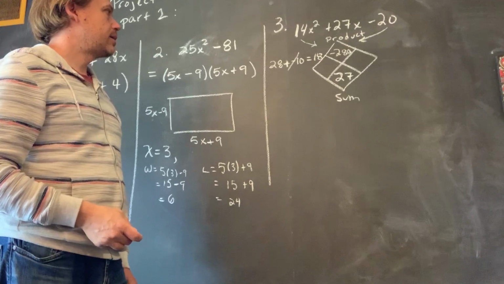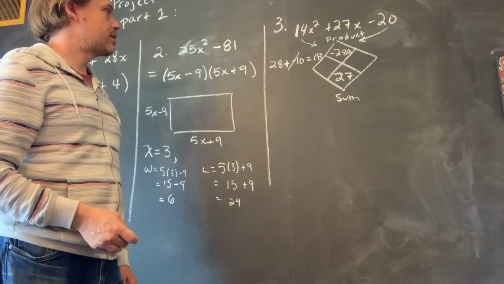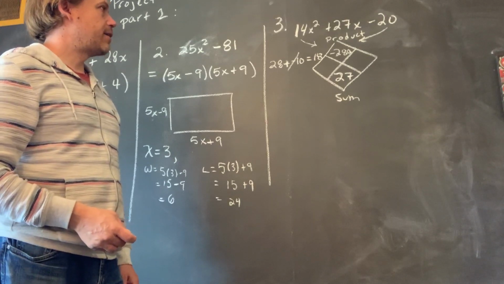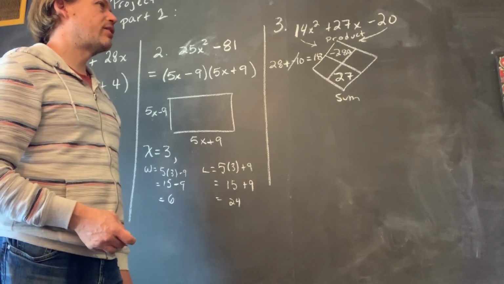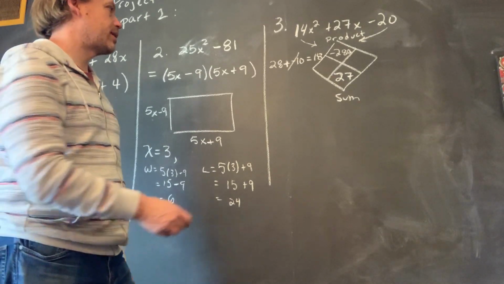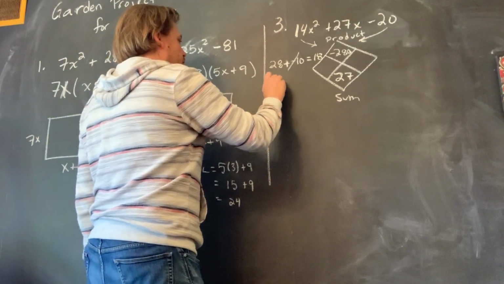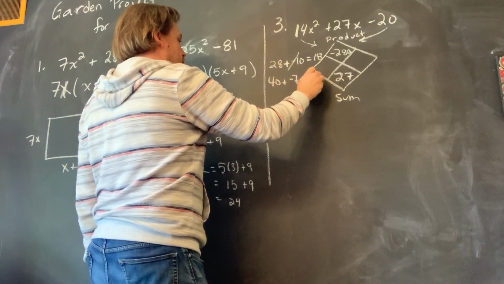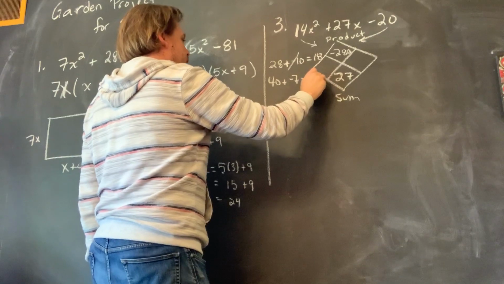I know 40 and 7. But when I get those, I'm down to 30. So if I'm doing that, let's try it. 40 plus negative 7. That's 33, so it's closer.